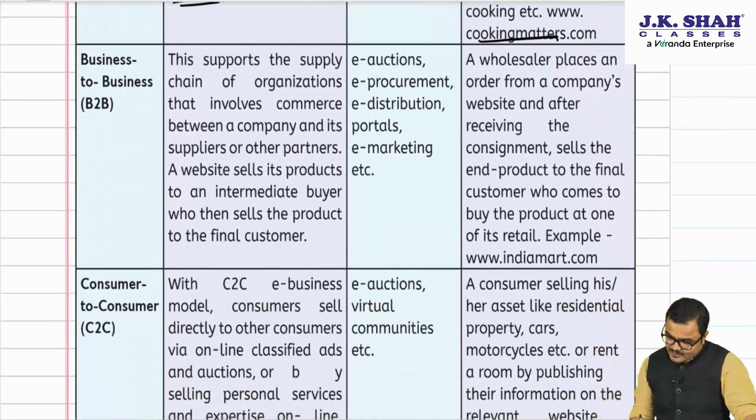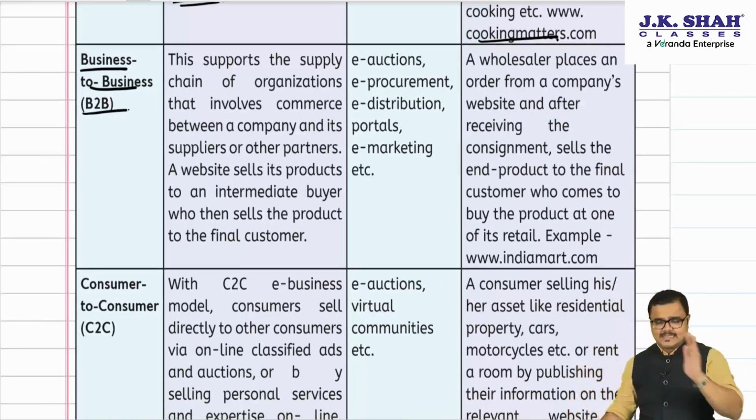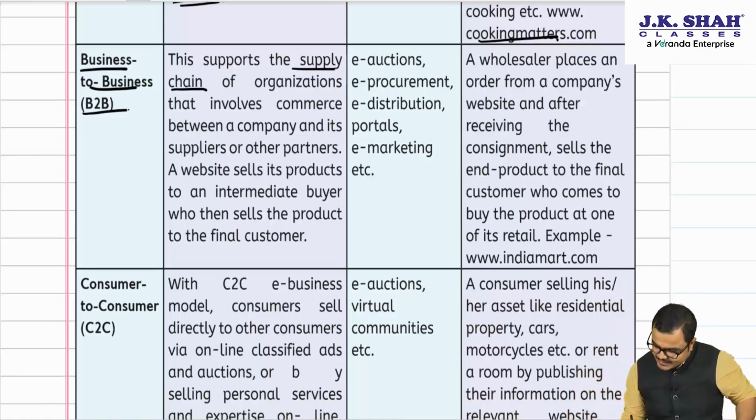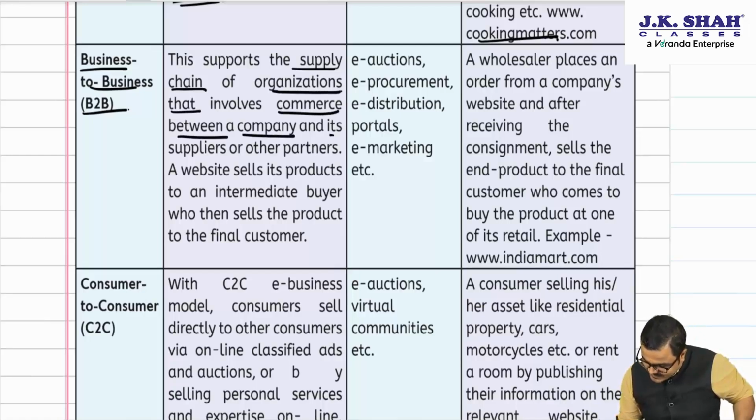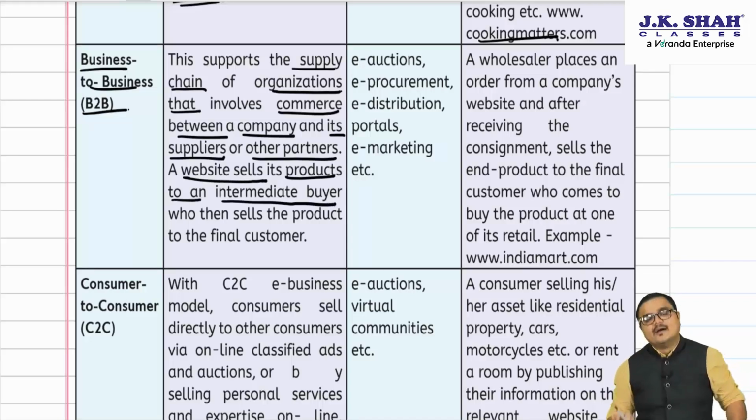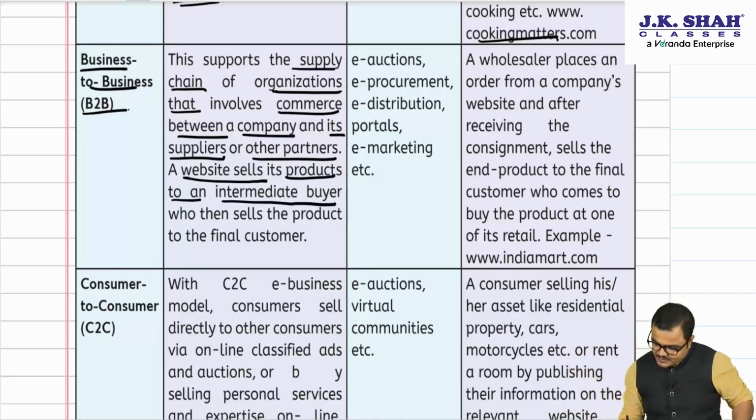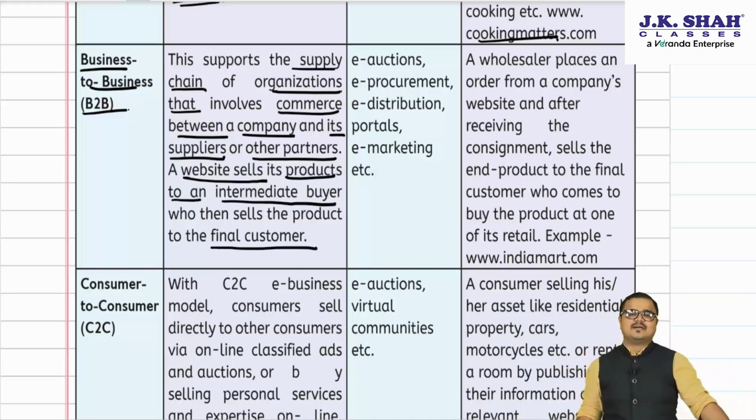Second, sir, we have B2B. What is a B2B? Sir, business to business. This supports the supply chain of an organization that involves commerce between a company and its suppliers or other partners. A website sells its product to an intermediate buyer who then sells this product to the final customers.